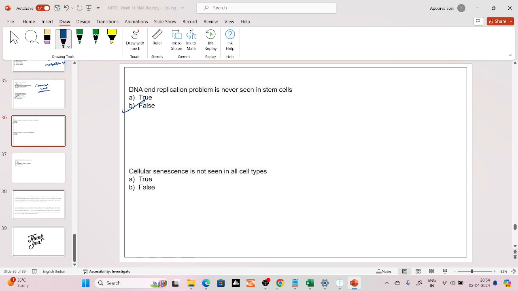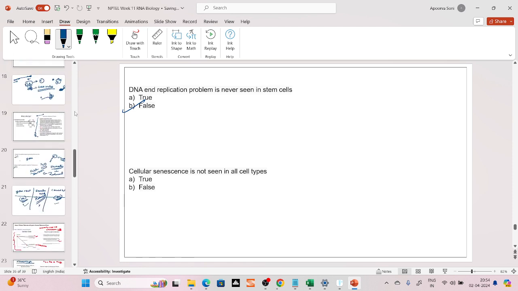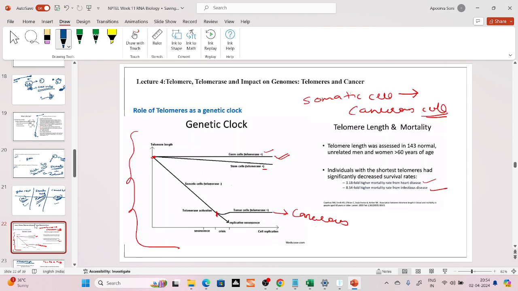Why is it not true? Because the problem is there, but it is not that prominent. See in this graph, unlike germ cells, which are exactly constant, stem cells also maintain approximately a constant behavior only, but over a period of time, ultimately they will also come to senescence.